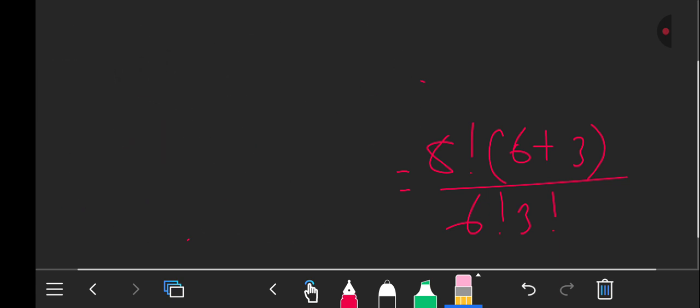So this will be equal to 8 factorial multiplied by 6 plus 3, that is a 9, over 6 factorial, 3 factorial.